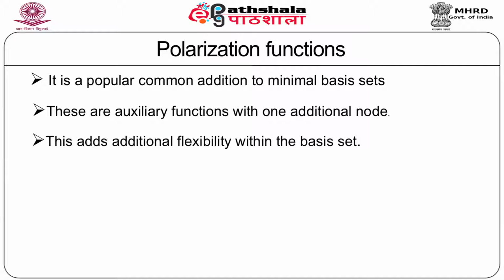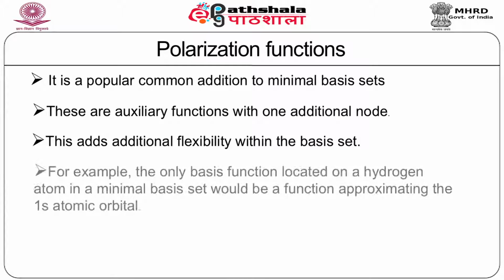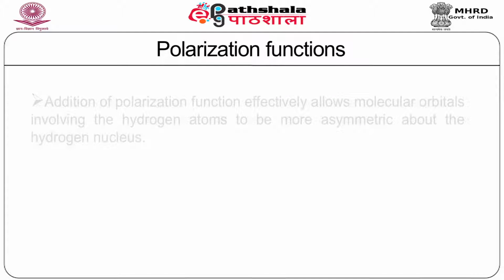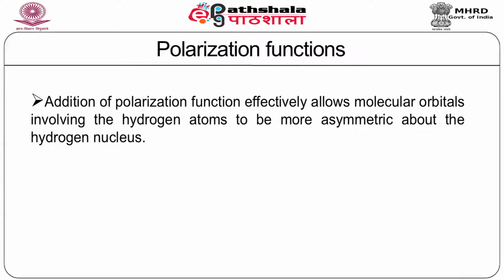This gives additional flexibility within the basis set. For example, the only basis function located on a hydrogen atom in a minimal basis set would be a function approximating the 1s atomic orbital. Addition of polarization function effectively allows molecular orbitals involving the hydrogen atoms to be more asymmetric about the hydrogen nucleus.